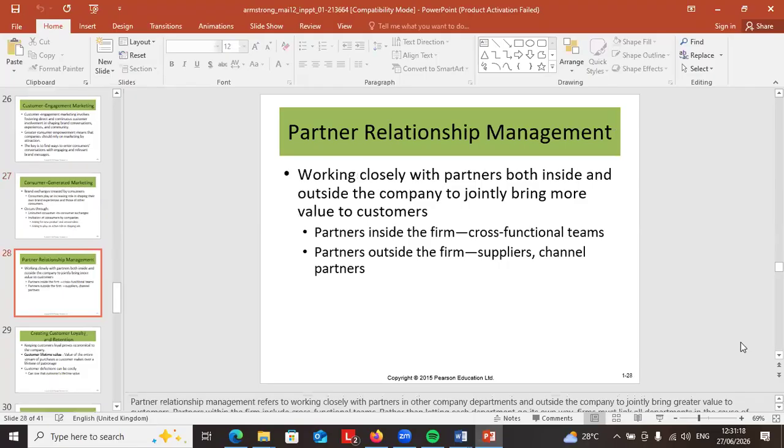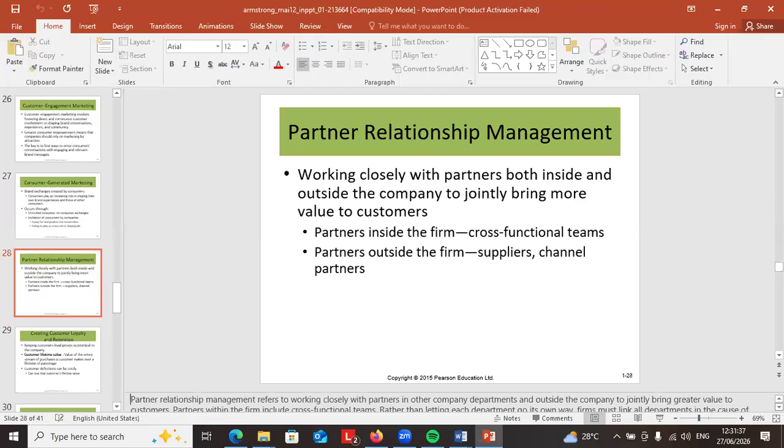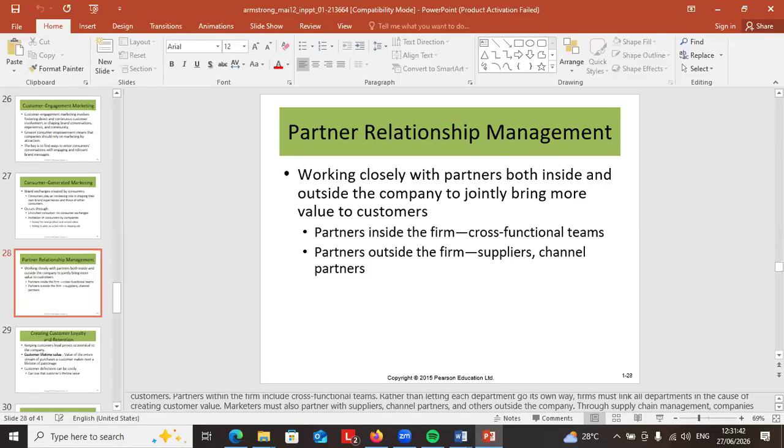Let's look at another concept, partner relationship management. Of course, this refers to working closely with partners in other company departments and outside the company to jointly bring greater value to customers. Now, partners within the firm may include cross-functional, homogeneous teams.